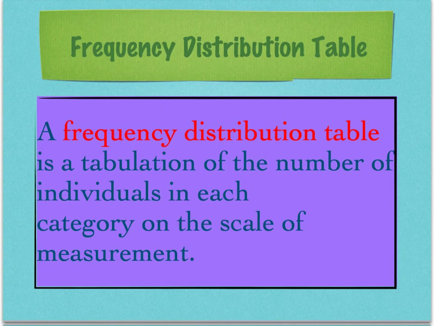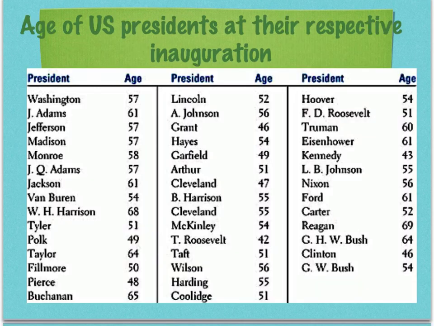Here's the definition for a frequency distribution table, and this is exactly what we constructed from the data sets when we made our histograms in the previous video. And the only thing we're going to add to it today is a column for the cumulative relative frequency. This is actually a frequency table also.